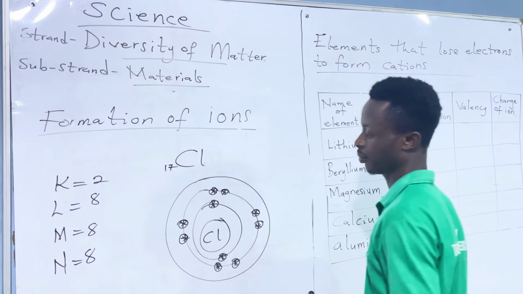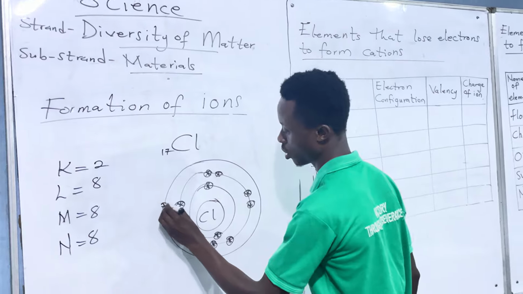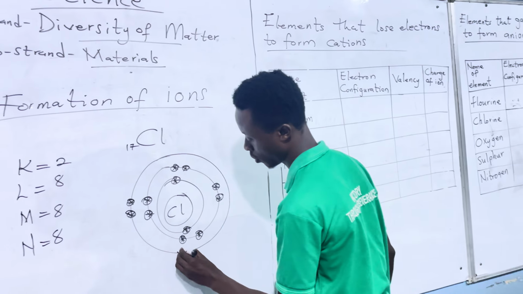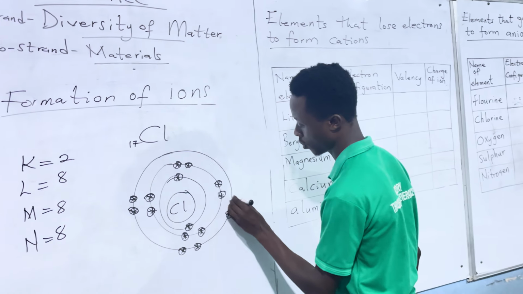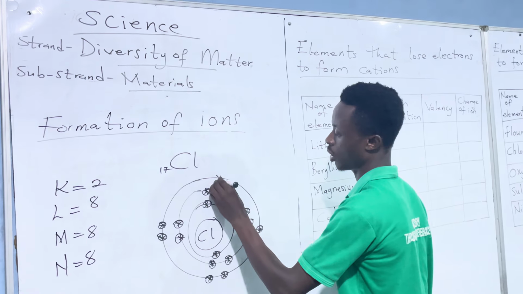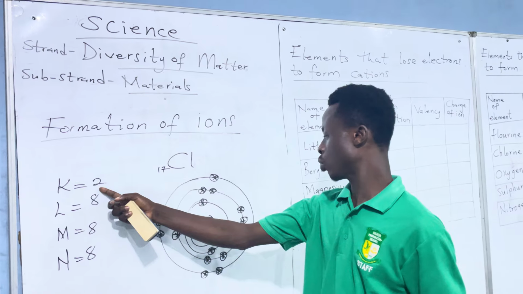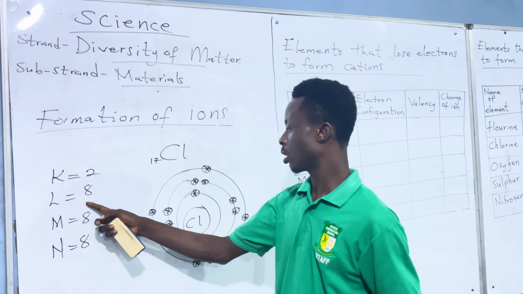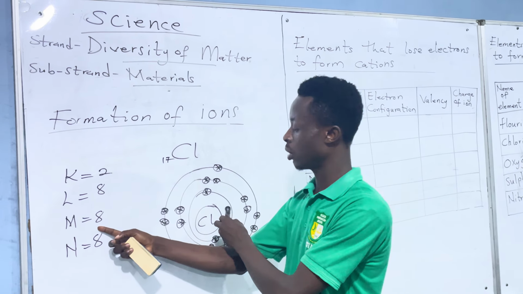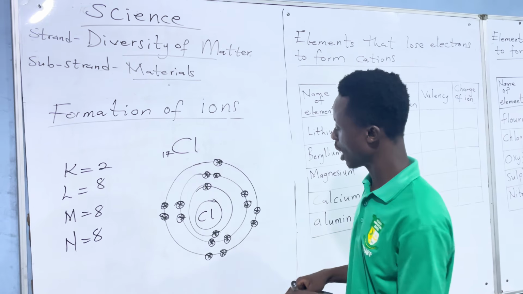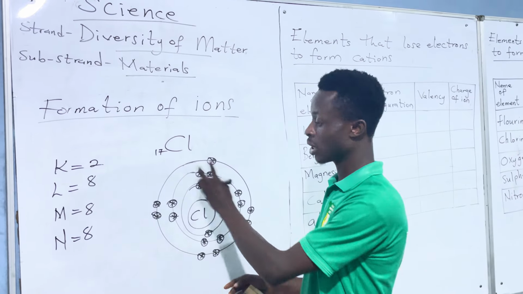So we have 10 electrons here, leaving 7 electrons for the last shell. The rule says that the first shell takes 2 electrons, the second shell takes 8 electrons, and the M shell has to take 8 electrons. But from here, it is taking what? 7 electrons. And you can see it is not stable.